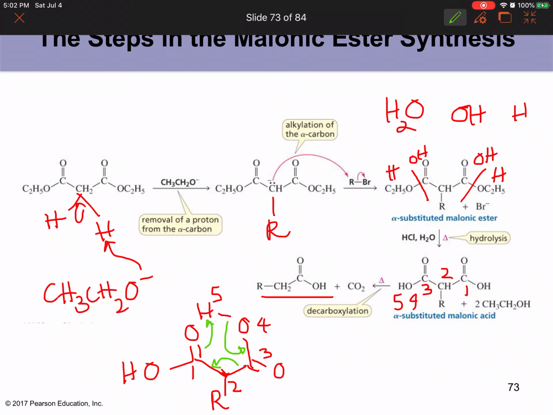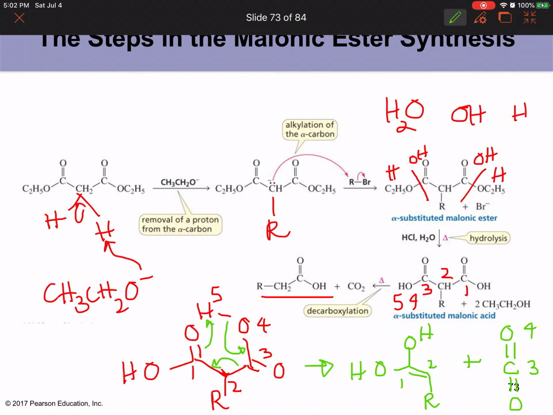So what we're going to get is, from the left side we have an OH, and then we have another OH right there, and then you have a double bond, and then you have an R group. And from the other side, number 4 oxygen forms a double bond with carbon number 3, and then the 2 and 3 bond breaks, so carbon 3 also has an oxygen on it, like that.